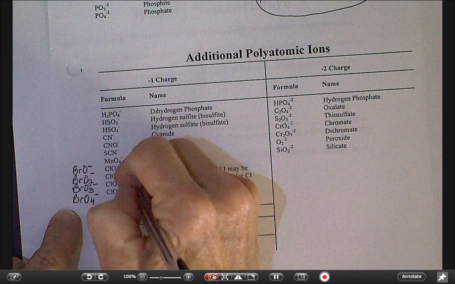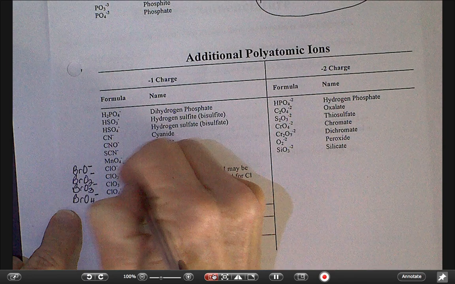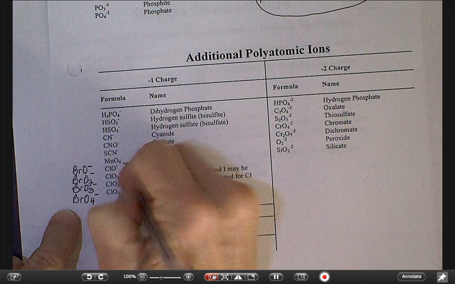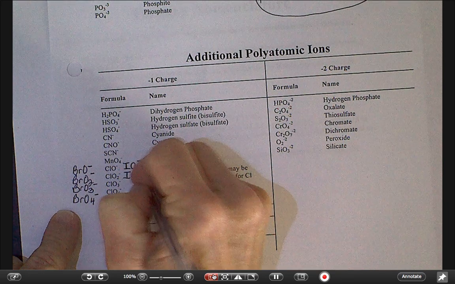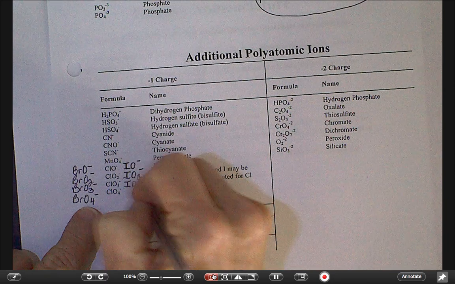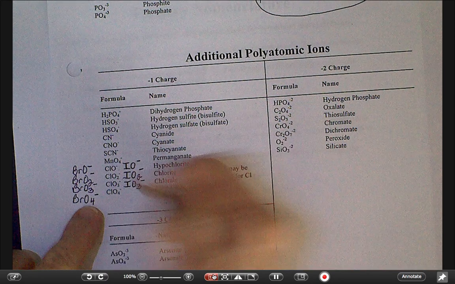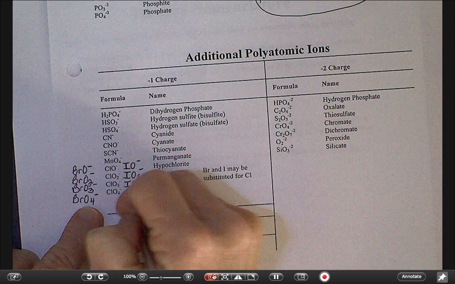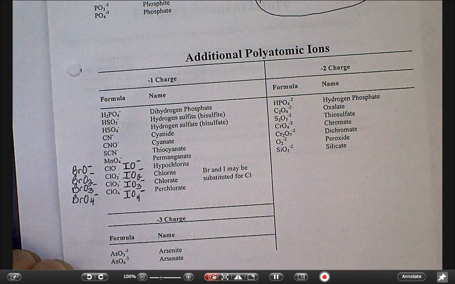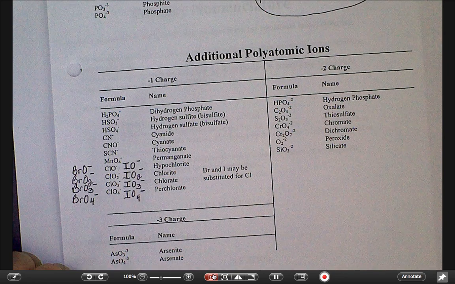Okay, now we're going to do the IOs. So IO minus, IO2 minus, IO3 minus, and IO4 minus.